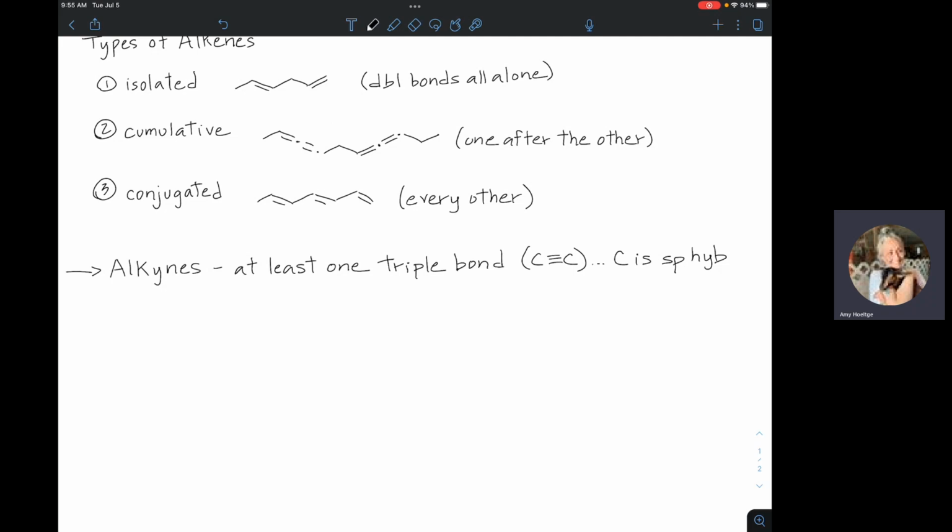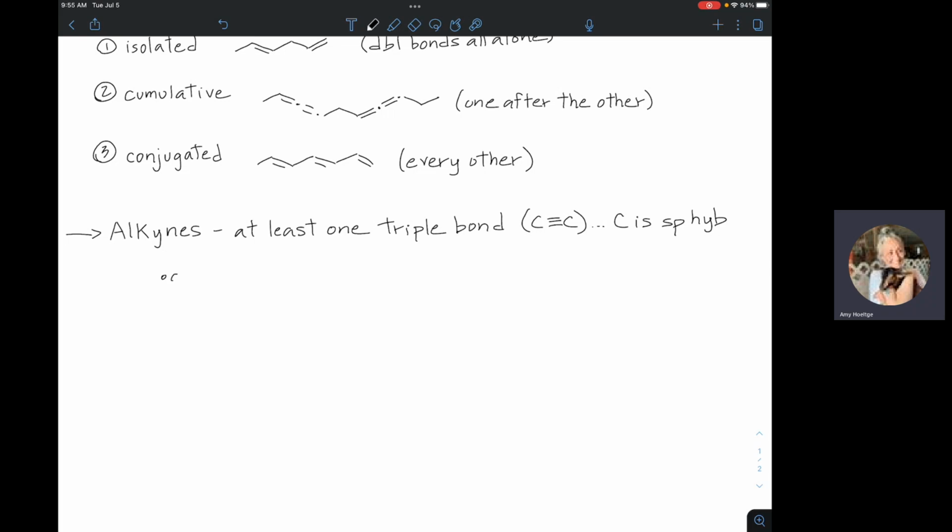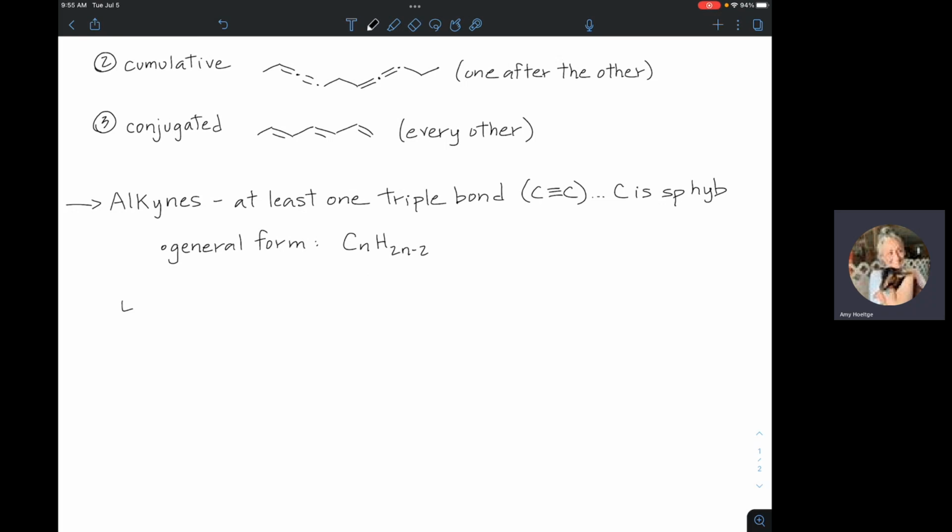So you'll have 1 sigma and 2 pi. So in general, we've got CnH2n minus 2. So for example, we'll keep it to 2 carbons.